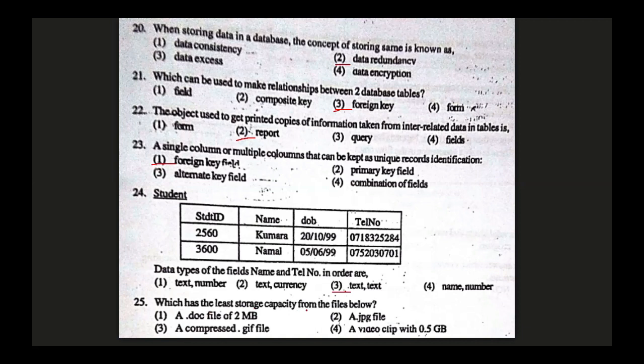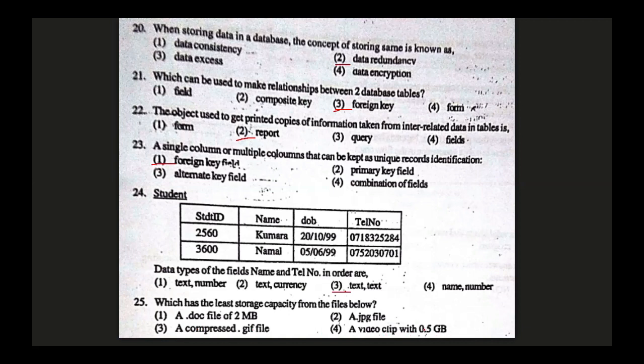25, which has the least storage capacity from the files below. Yes, here are some values. A doc file has 2 MB, and a compressed GIF file, you know that a GIF file is a gathering of JPG files. So with many JPG files, when you create a GIF file, it is also somewhat big, but it is compressed.